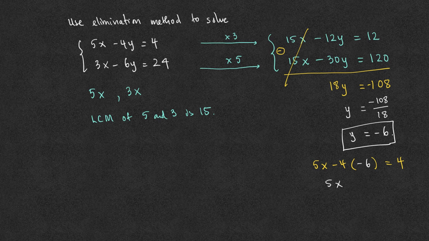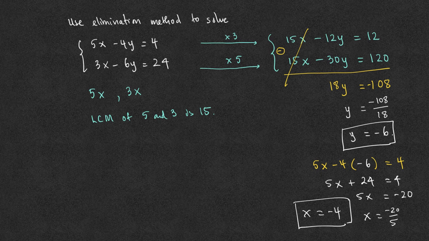This is 5x plus 24 equals 4. So 5x equals negative 20 because we subtract 24 from both sides of the equation. x is negative 20 over 5. So we obtain x equals negative 4.